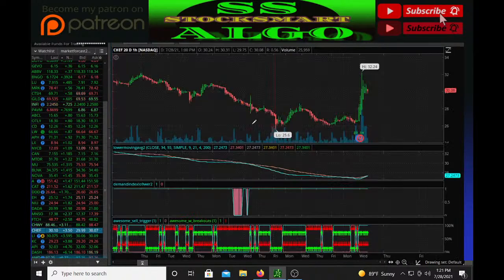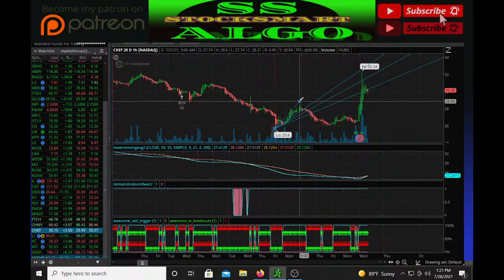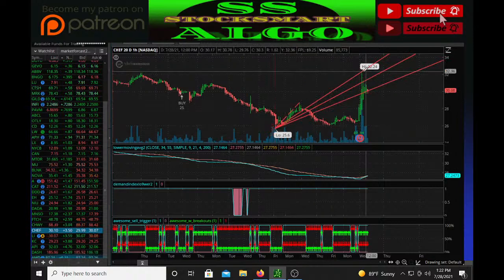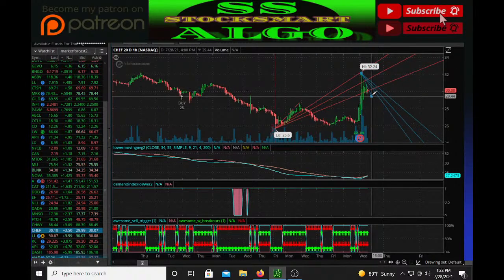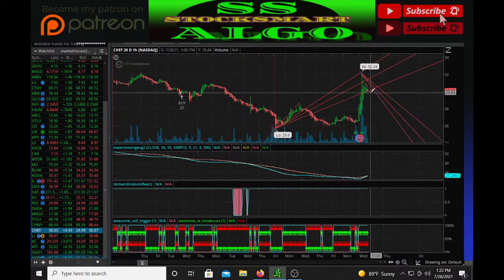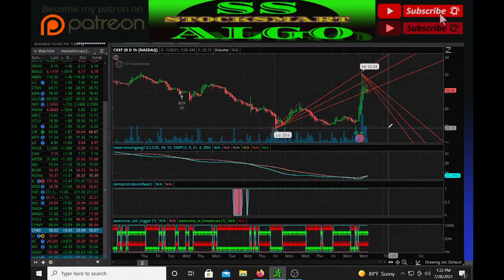Okay, and let's check out Chef. And we'll go from our pivot low to this pivot high, and you can see that it was respected here as well. And now we will use this to shoot for that wave and see if these are respected or rejected.